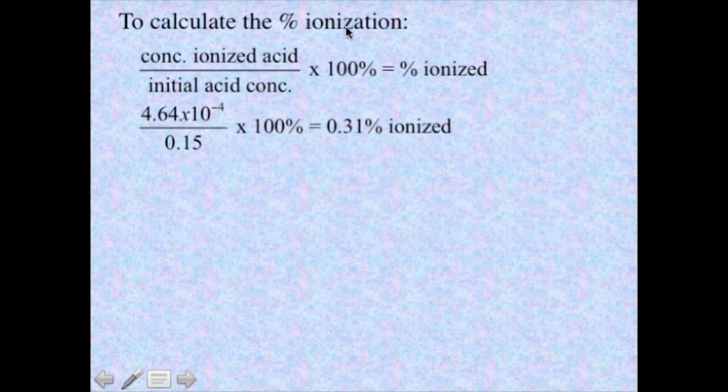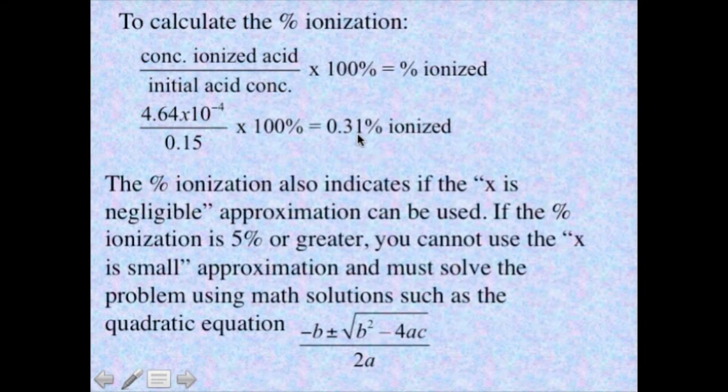Now, to calculate percent ionization, we take the concentration of the ionized acid and divide it by the initial acid concentration times 100%. And we get an answer of 0.31% ionized, that this weak acid is 0.31% ionized.